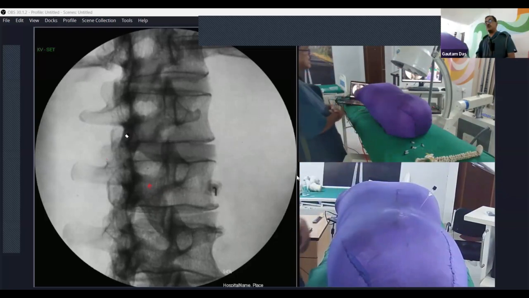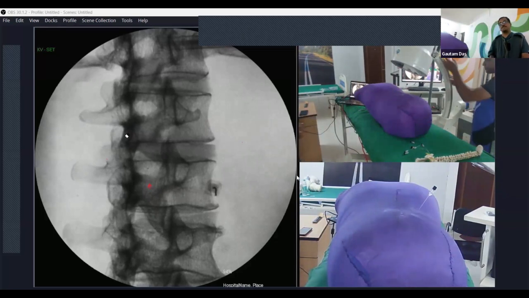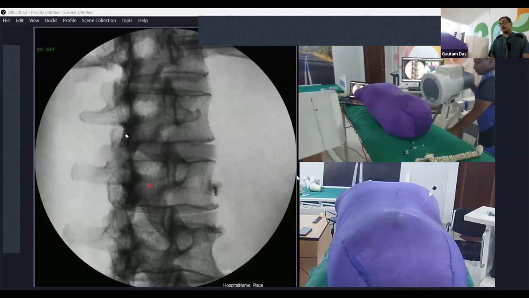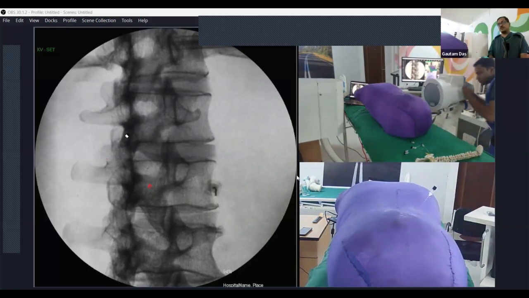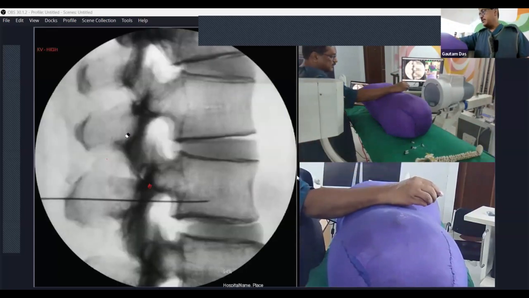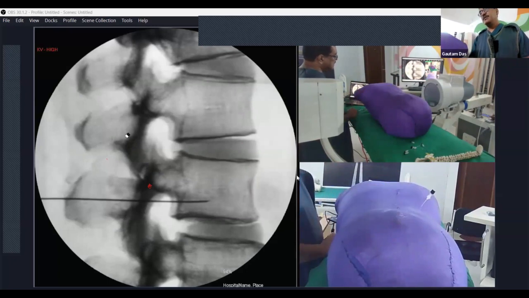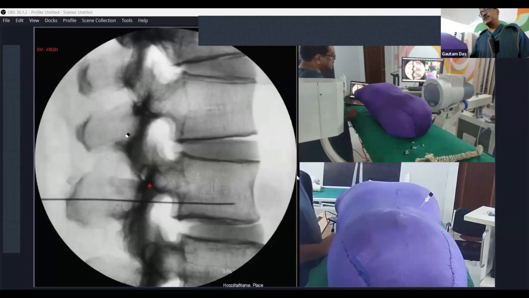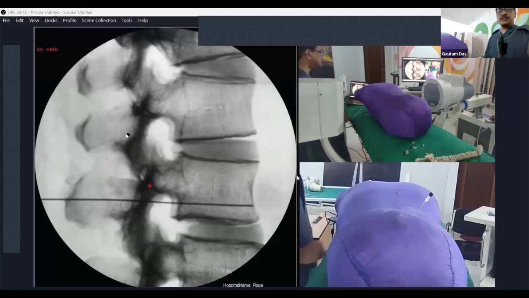And I'll be going with lateral view now. In the lateral view, my needle should be just posterior, just touching the anterior border of the vertebral body. Okay, so I'll be advancing the needle further. Okay, so that is the end point.